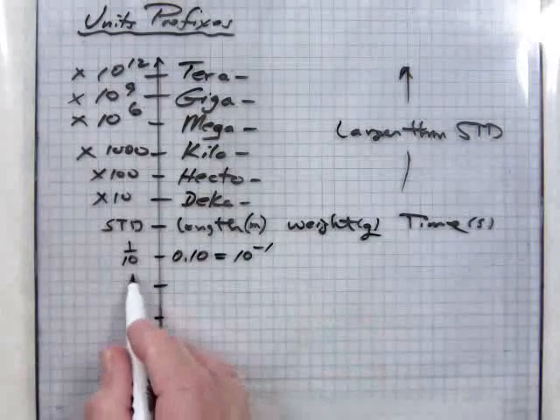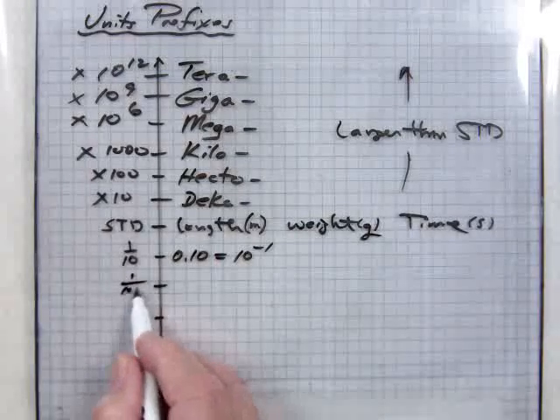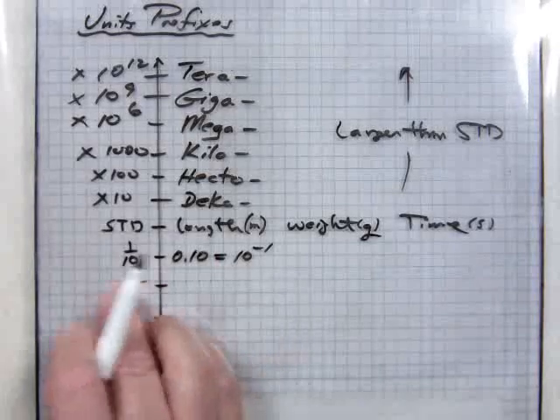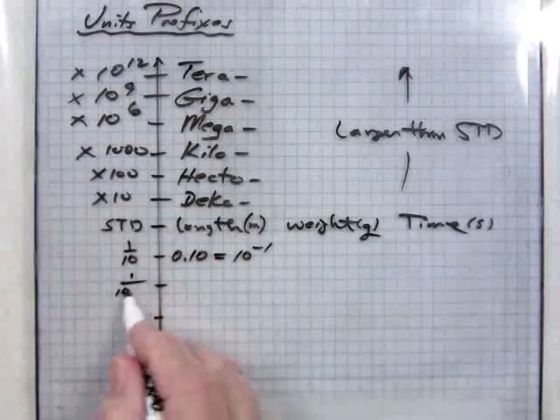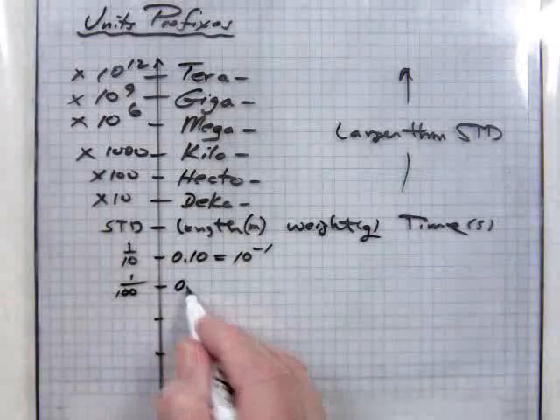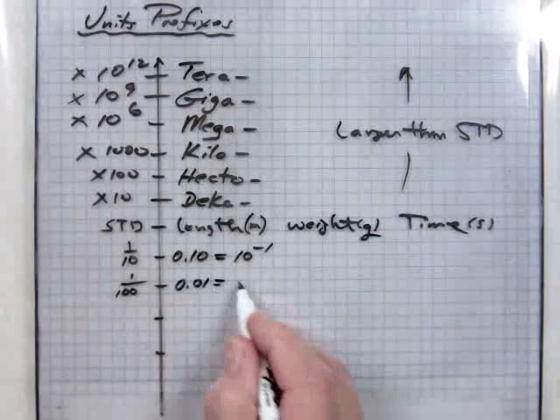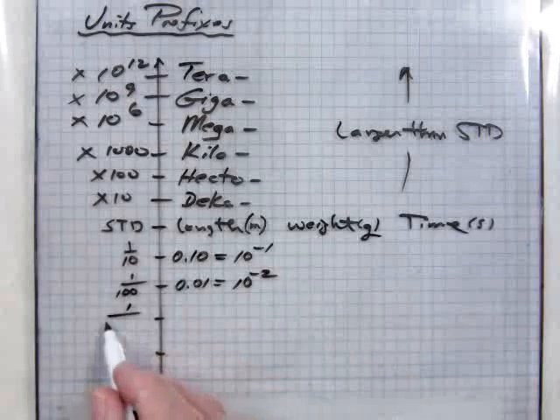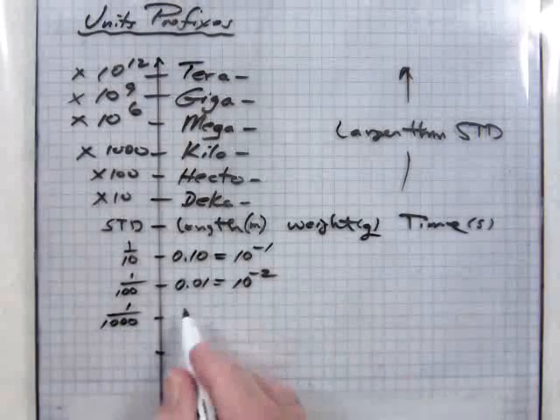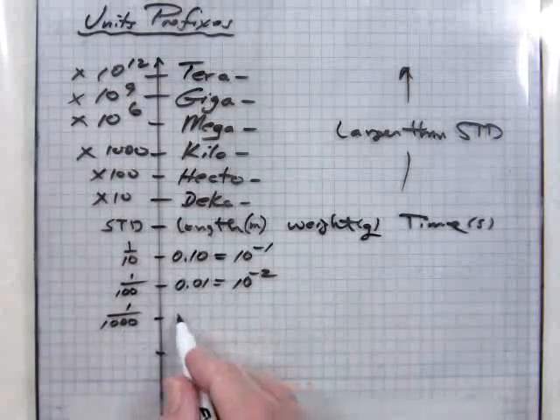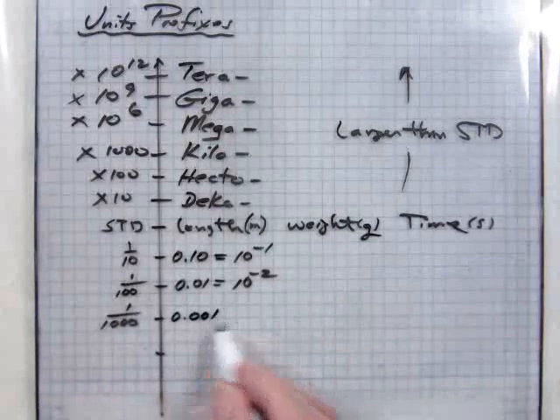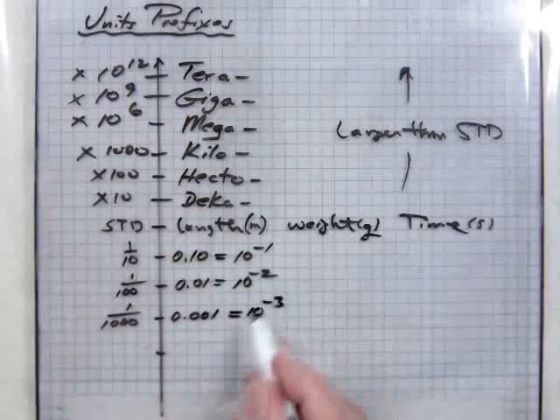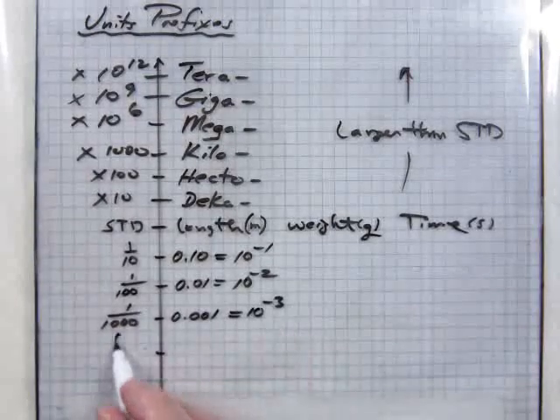Or 1/100th, that's 0.01, which is 10 to the minus 2, and this one would be 1 over 1,000, and I'm going to name them in a second, and that's 0.001, that's 10 to the minus 3.